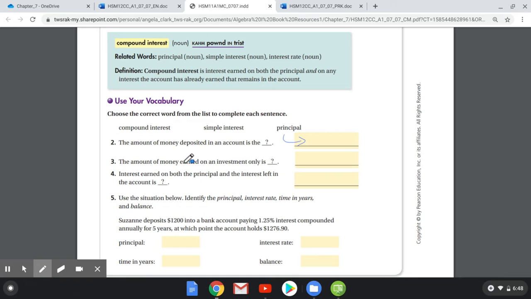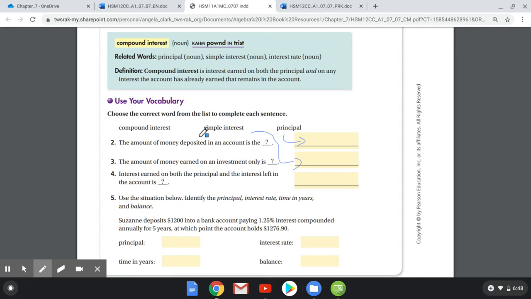The amount of money earned on the investment only is going to be simple interest, because that's where I just get interest once at the end of the year, right? So that's simple interest. I'm not getting interest on interest. I'm just getting interest on the principal.